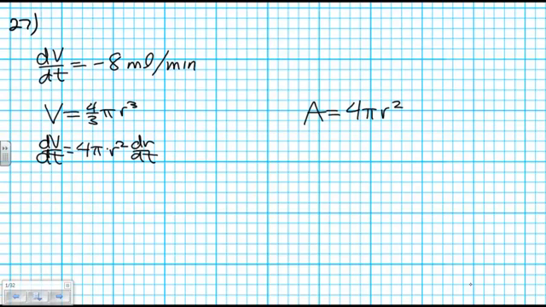If I take the derivative of this, I end up getting dA/dt is equal to 8 pi r dr/dt. So what we're going to do is start over here, find the value of dr/dt, and then place it back over here to find dA/dt.